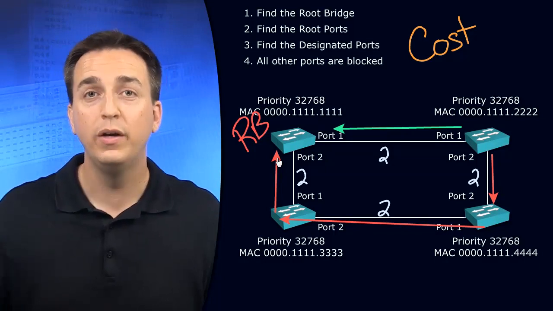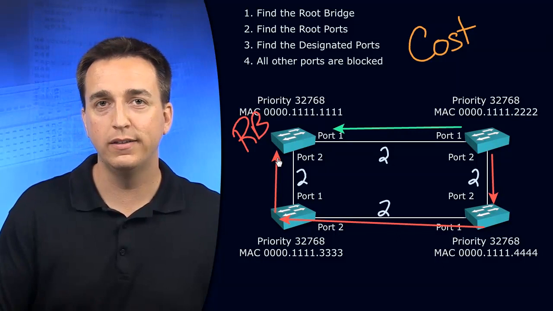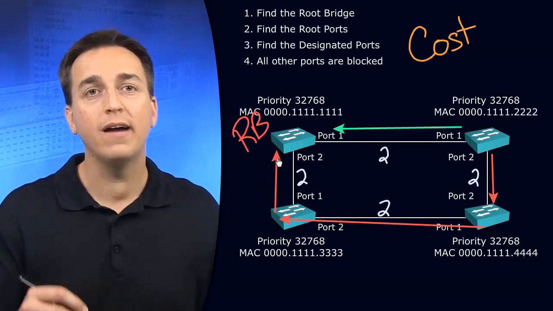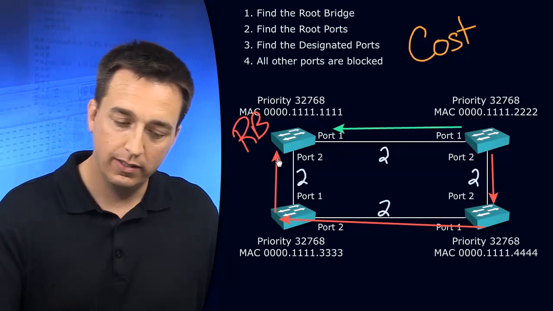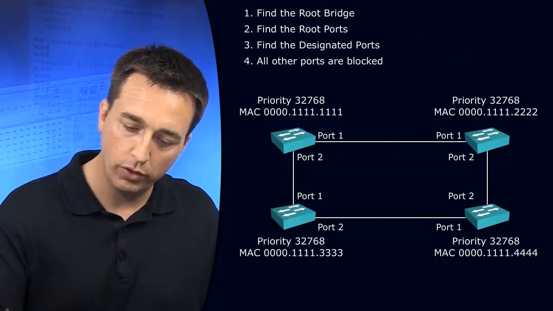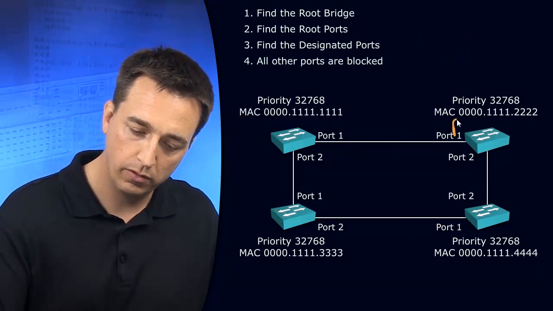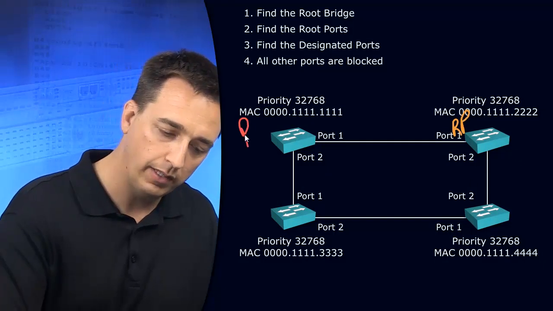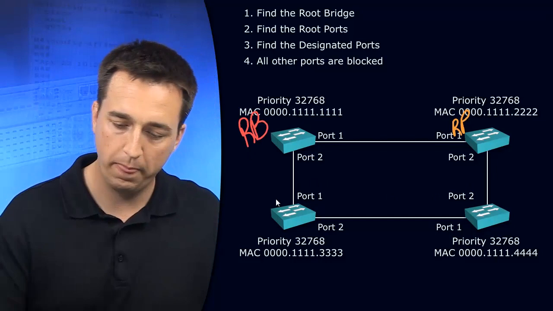So which path is quicker? It's the path using port 1. Therefore, port 1 is our root port. Remembering that this is our root bridge.